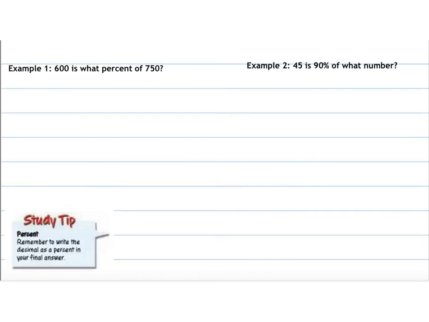Some examples that could help you there. All right, a couple we're going to try here together, and then there'll be a page for you to sample also. Okay, again, my favorite thing is writing in code, right? Whenever I read the word what, I'm going to write down a variable. Whenever I read the word is, I know that means equals. Whenever I hear the word of, I'm going to write down multiplication, and it's that easy for me. And a percent, I'm going to always write as a decimal or a fraction.